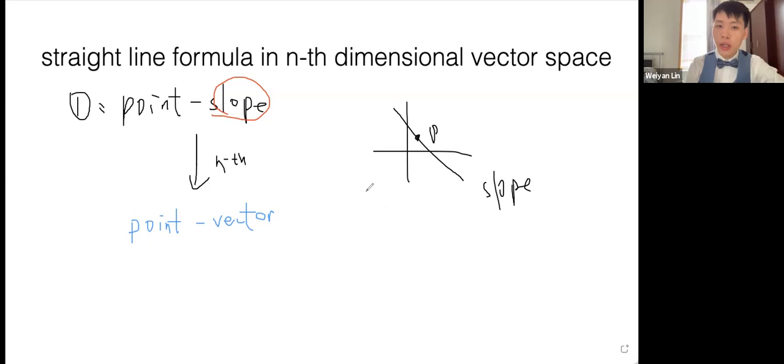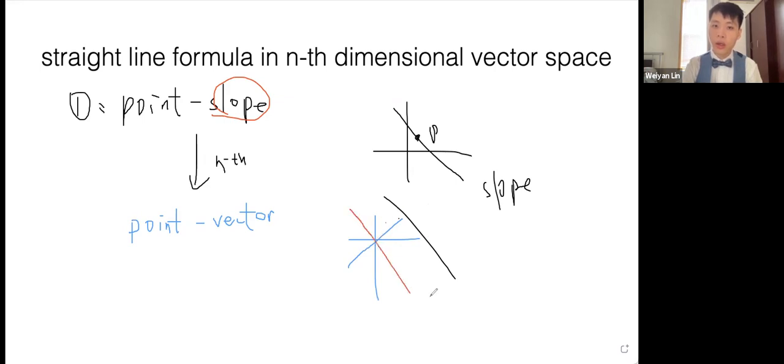Because for each line, we can shift it so that it passes the origin. Let's say this is the line we want to interpret, and then we shift it here so that it passes the origin.